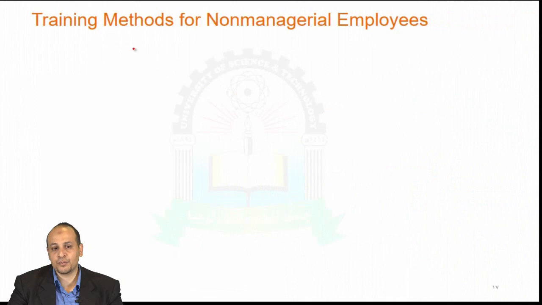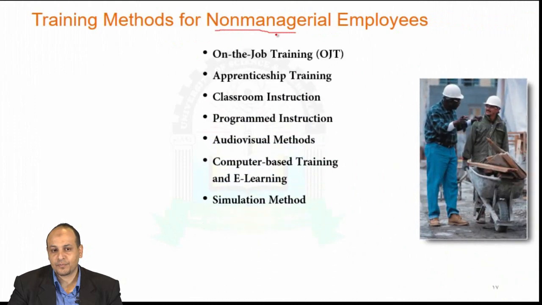Now, training methods for non-managerial employees. Who do we refer to by non-managerial employees here? As we talk about ordinary work, for example, like that in the picture, we can have different ways to handle training. For example, on-the-job training.